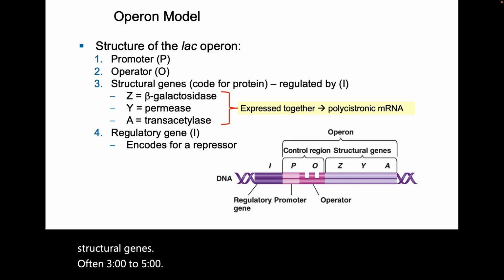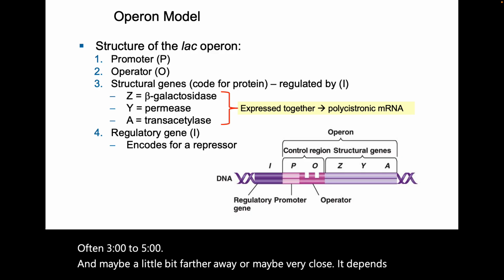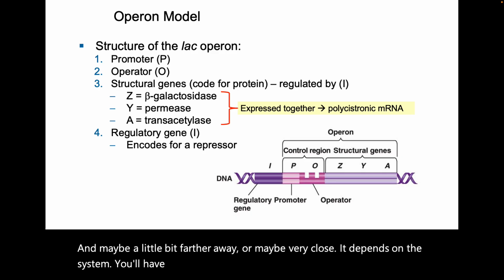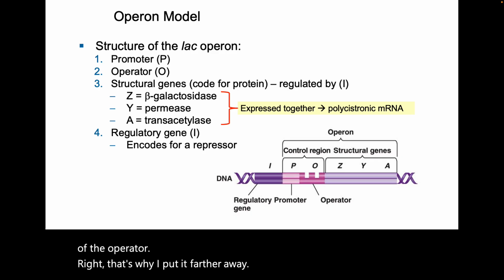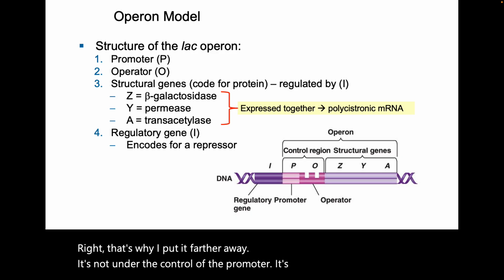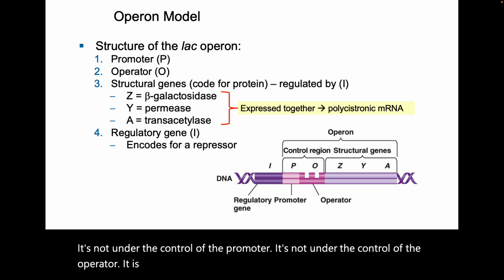And maybe a little bit farther away, or maybe very close, it depends on the system, you'll have your repressor. The repressor is not under the control of the operator, right? That's why I put it farther away. It's not under the control of the promoter, it's not under the control of the operator, it is its own independent unit that will help control this.